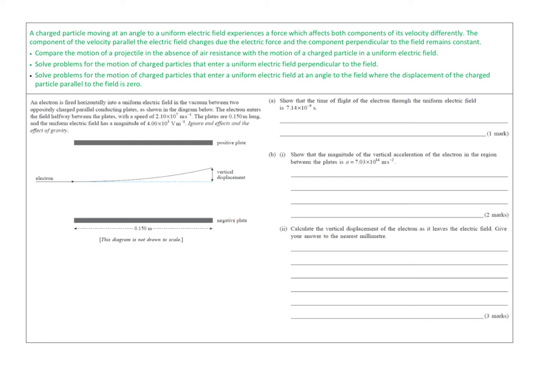So say we've got the negative plate here, if we put a positive charge into this field going straight up, it would be repelled by the positive, attracted by the negative, so it would slow down. So it would start up, slow down, and then come straight back down, which sounds just like when we have a projectile and we throw it vertically straight upwards.